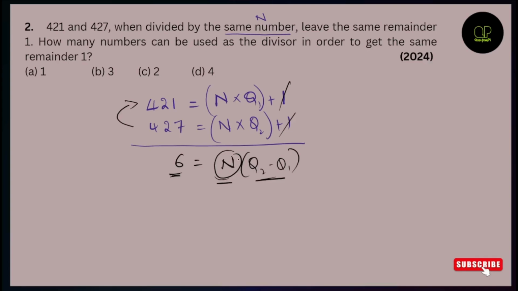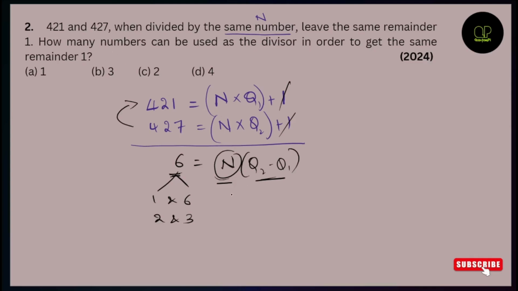So this n has to be a factor of 6. What are the factors of 6? You have 1 and 6, and you have 2 and 3. So this n can be either 1, 6, 2 and 3. He is telling how many numbers can be used as a divisor in order to get the same remainder 1.